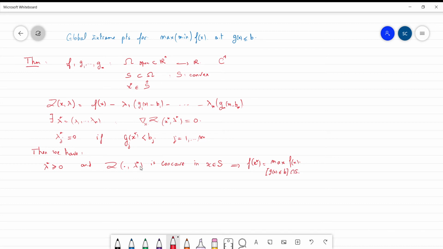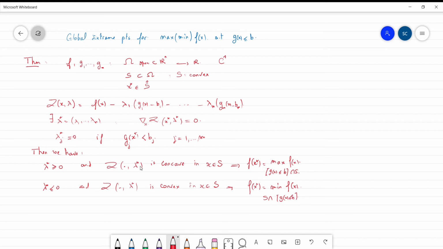Now if your lambda star is negative and your Lagrangian is convex in x belonging to S, then you are solving a minimization problem. Your point realizes the minimum of your objective function over the constraint set.